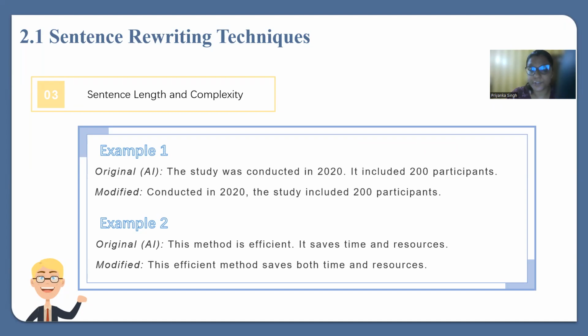You could modify this to, "Conducted in 2020, the study included 200 participants." Similarly, "This method is efficient. It saves time and resources" can be changed to, "This efficient method saves both time and resources." Mixing short and long sentences helps maintain the reader's interest and makes the text feel more organic.